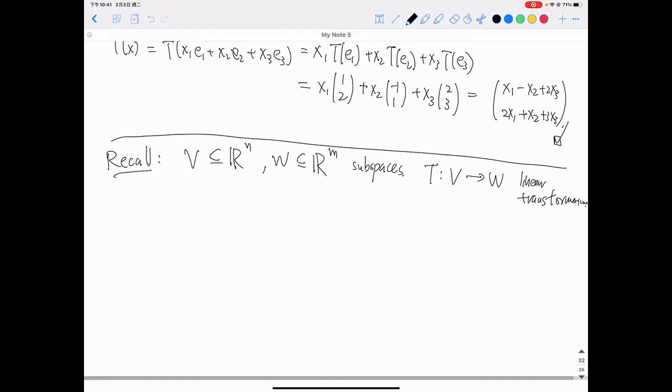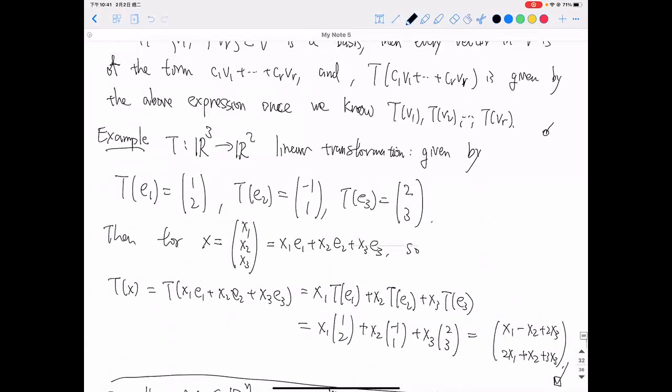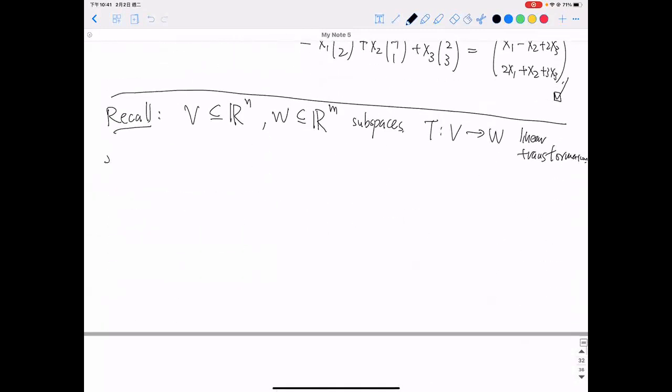And if I have a basis, let's see what the notations were. If I have a basis V1 through VR of V, then for every V in V, we can write V as a linear combination of the basis vectors.